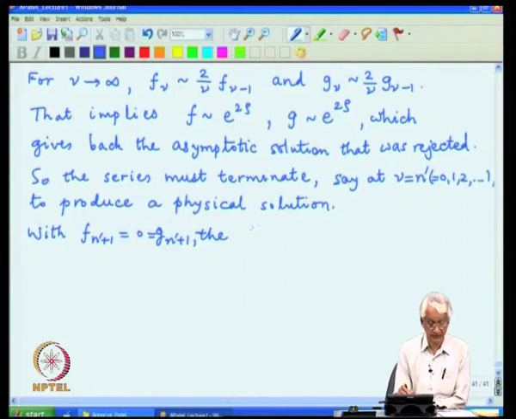Then the proportionality constants basically are determined: two of the terms vanish and the other two give a ratio.